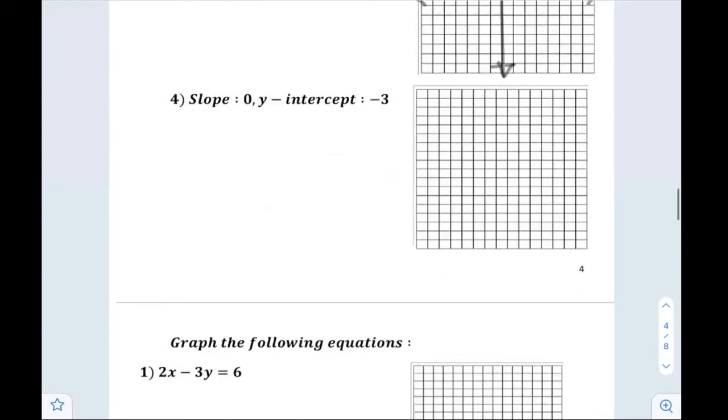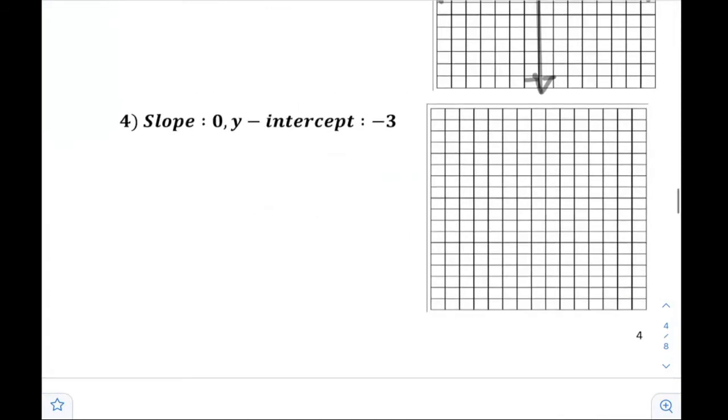Now, last exercise. Here we have slope 0 and y-intercept is -3. Wherever you have the axes, this is the y-axis, and this is the x-axis. If you have y-intercept -3, and the slope is 0, slope is 0 means what? It means the line is a horizontal line.